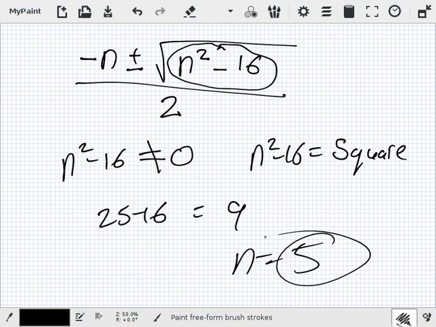Can we use the discriminant formula? Yeah, and what would you say? B squared minus 4ac more than 0. But I got it right. No, but b squared minus 4ac more than 0 just guarantees that you have 2 roots.